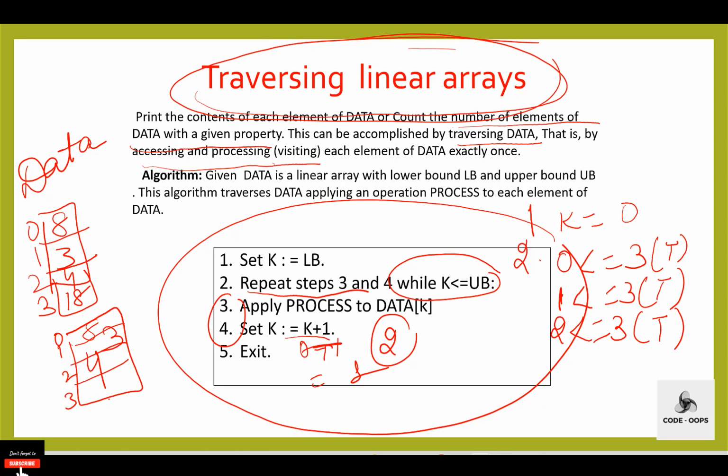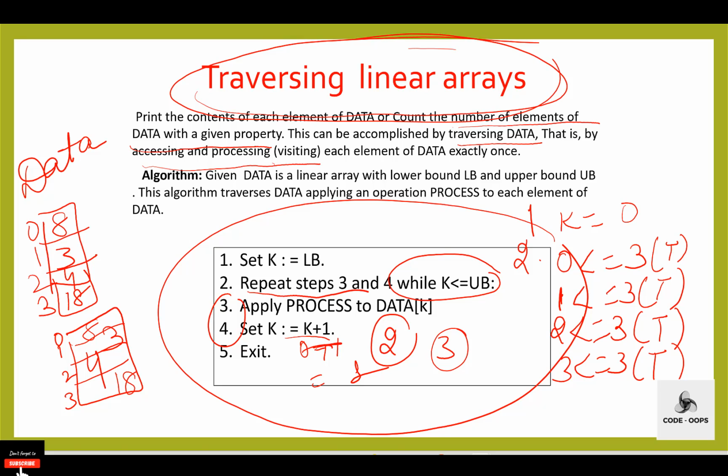Then k is equal to k plus 1. Now k becomes 3. 3 is less than or equal to 3. Again the condition is evaluated to be true. Then apply process to data of 3. Traversing means accessing and processing, visiting each element of the array exactly once.